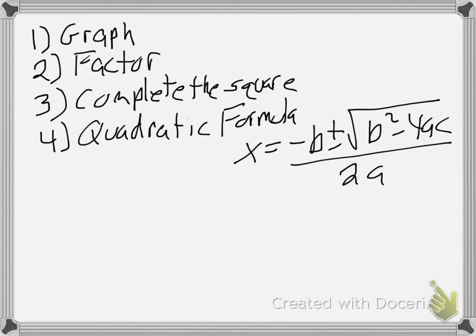Okay? So, we have some functions that we need to find the zeros of. We are given w of x is equal to 2x squared minus 6x plus 1. Well, we've done a couple of things already.